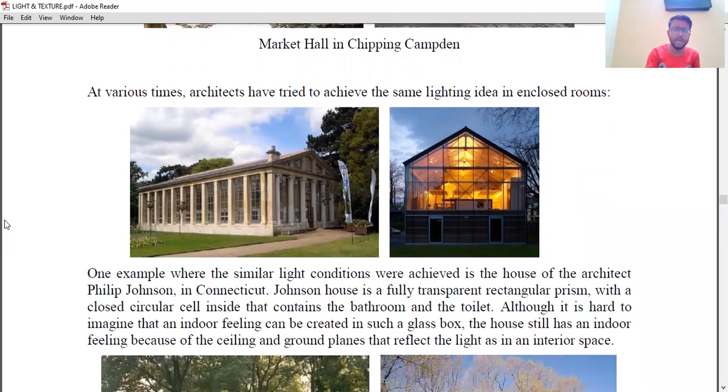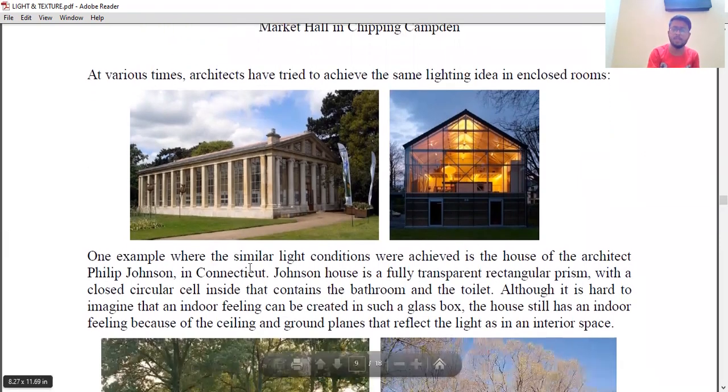One of the examples where similar light conditions were achieved is the house of the architect Philip Johnson in Connecticut. The Johnson House is a fully transparent rectangular prism with a closed circular cell inside that contains the bathroom and toilet.